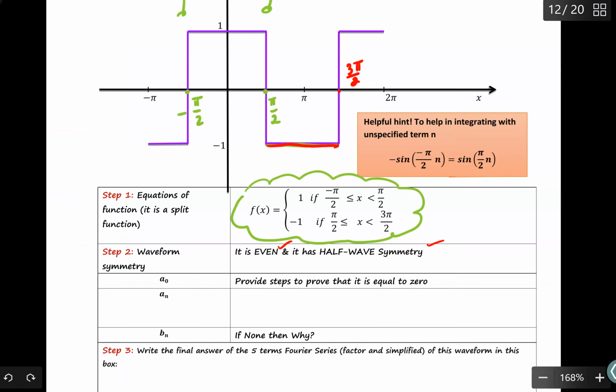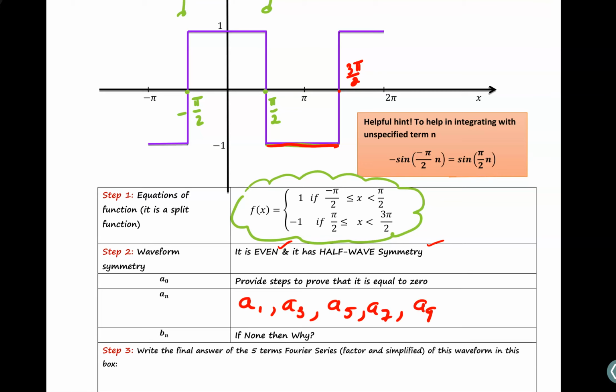So the terms should be A1, A3, A5, A7, A9, and the b terms should be none.